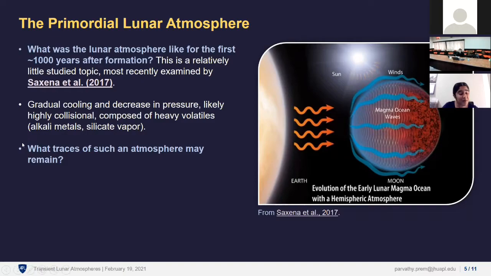And one question which we really don't have answers to, but which is very interesting to think about, is what kind of traces of such an atmosphere could we see today, billions of years later? That's a question to which we don't have clear answers, but perhaps a few years, a few decades into the future, there might be some interesting answers to that question.